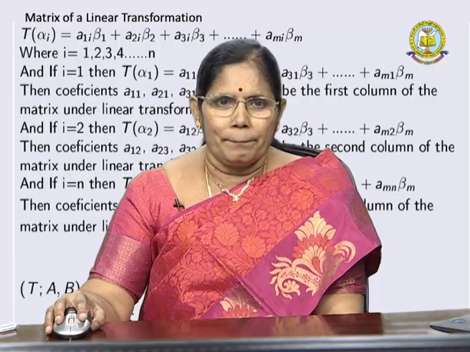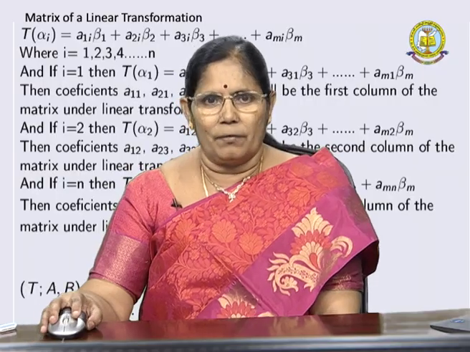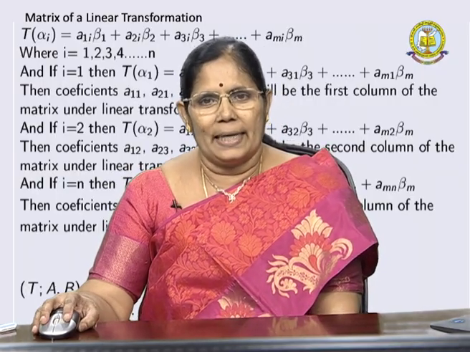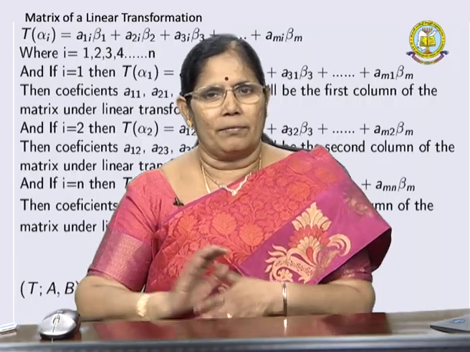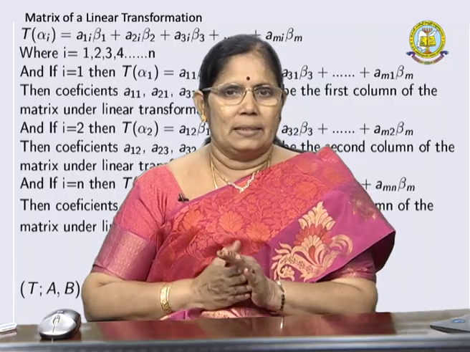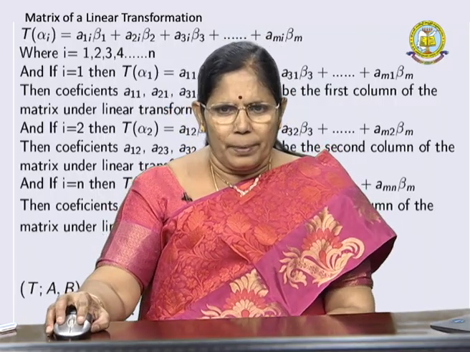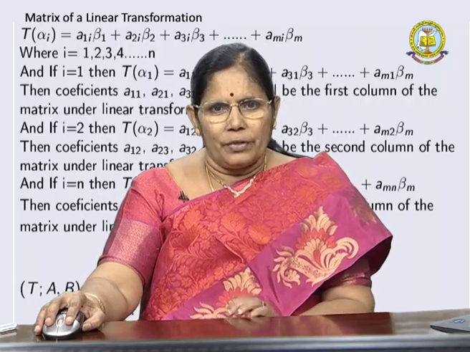So, the m by n matrix whose jth column consists of these coordinates is called the matrix of the linear transformation, and it is denoted by T with B, B dash, or simply by T. How do you define this?